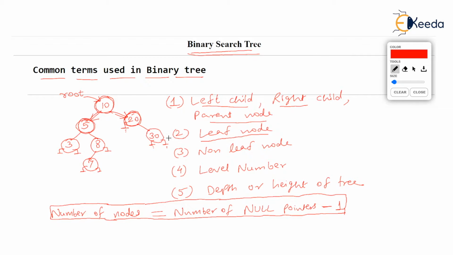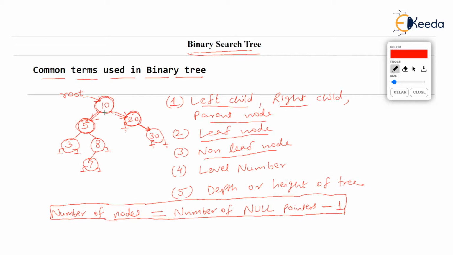But watch, 20 is not a leaf. Such nodes are called non-leaf. Now, what is a non-leaf node? We say a node is non-leaf if it has at least one child. Now, notice at least one child means 20 is a node which has at least right child, isn't it? I agree it does not have left child, but it has at least one child, so 20 is a non-leaf. What about 10? 10 has at least one child.